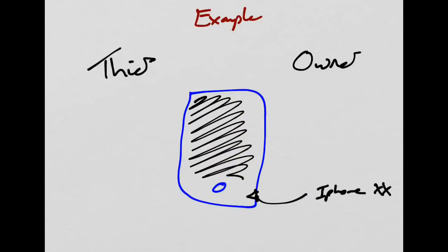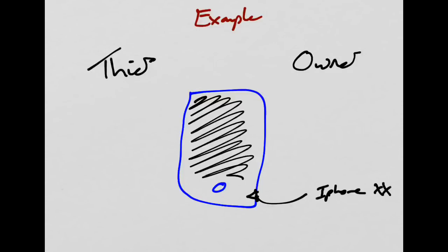So let's take a quick look at an example. Over here you will see that we have a thief on the side and the owner on this side. And of course, since we're dealing with property law, we have to have some sort of property. In this case, if you cannot readily recognize my nice drawing, this is an iPhone XX. We are in the future with this subject. So, typical situation, something happens.